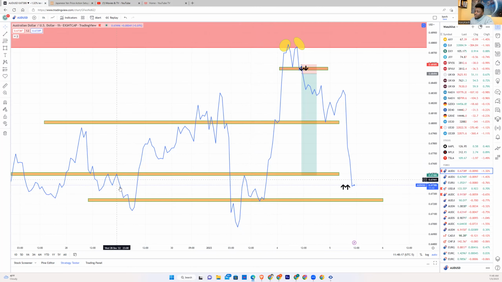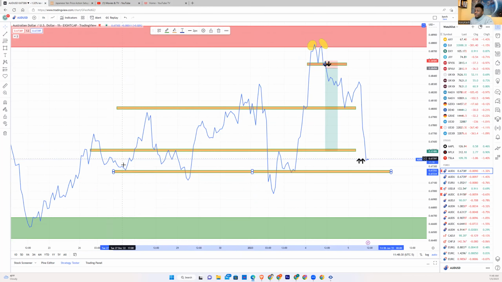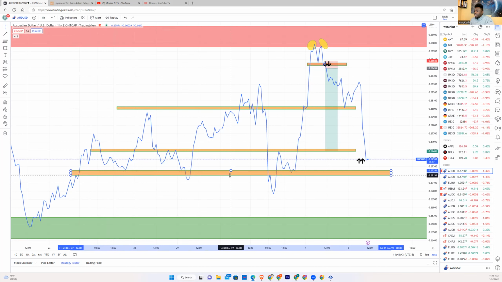Same thing happened over here. Market bounced here, pushed back up before it broke, and you can see what happened after that. If we were to extend this all the way here, you can see that this is an area that has some significant support and resistance. Same position right here. We may as well just extend that a little bit like that.